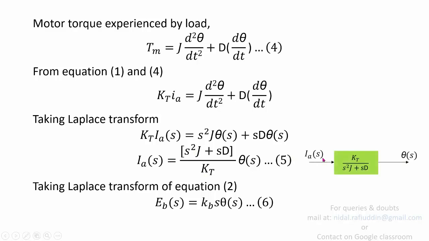So this gives you the block representation of equation 5, where you feed IA as input to this particular block, and the gain of this block, or the transfer function of this block, is obtained from these expressions. If you do this, you are going to get the output theta(s), which is the final output of the system.